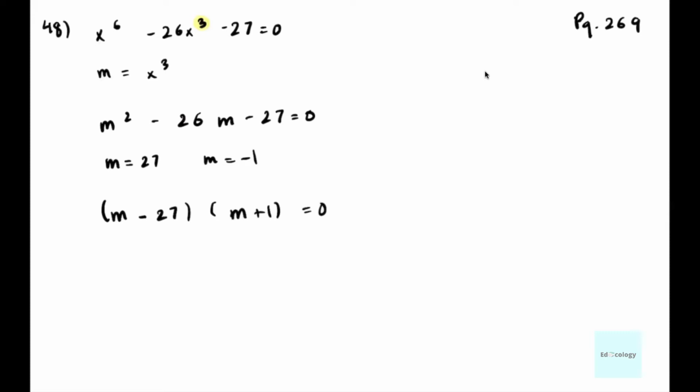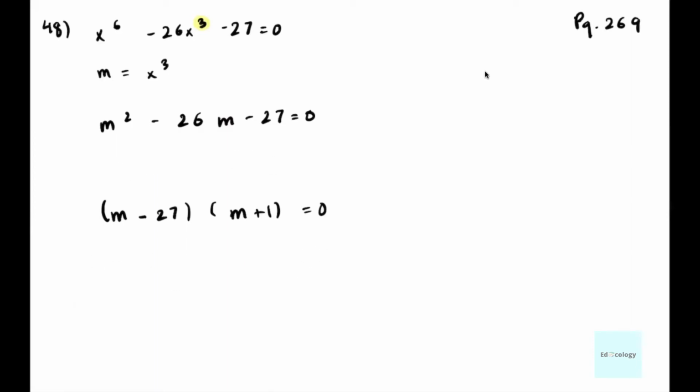What are you going to do? You're going to use the zero property to find m. So m minus 27 equals 0, and m plus 1 equals 0, right? m will be 27 and m will be negative 1. Okay, so that is why we write it down that way.